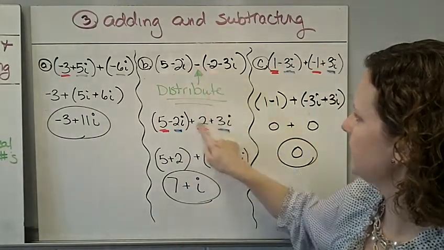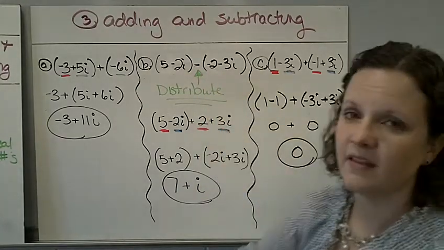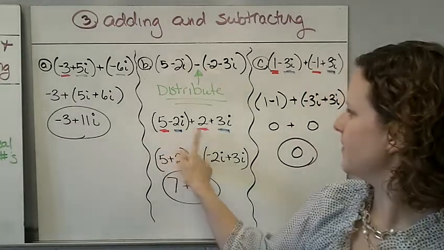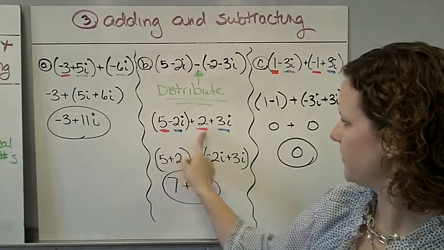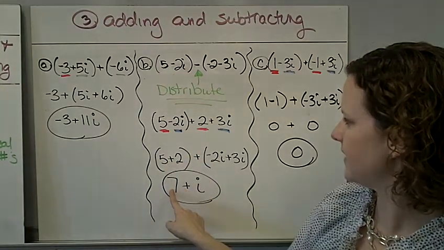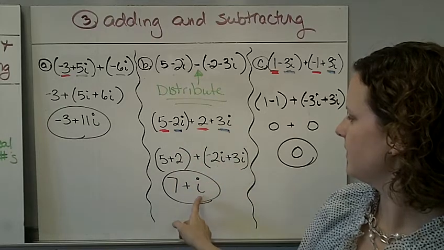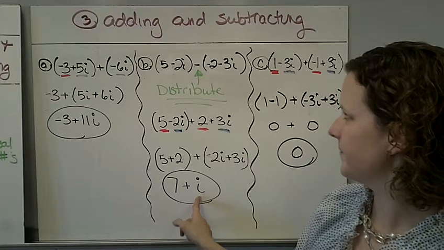So negative negative is positive 2, negative negative is positive 3. Then we just collect our like terms. Real parts will give us 5 plus 2 is 7. Imaginary parts, negative 2 and 3 is positive 1, which is just i.